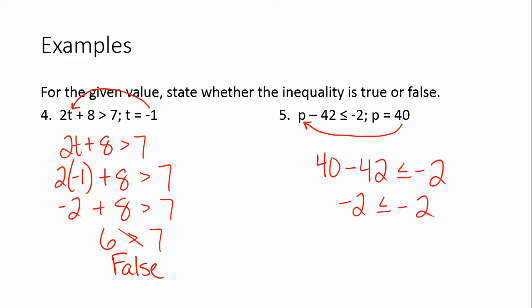And the less than or equal to sign indicates that the two numbers can be equal, and they are. -2 does equal -2. This symbol with the line under it is really two options. It can either be less than or it can be equal to, so this is true. If p equals 40, then p minus 42 is less than or equal to -2.